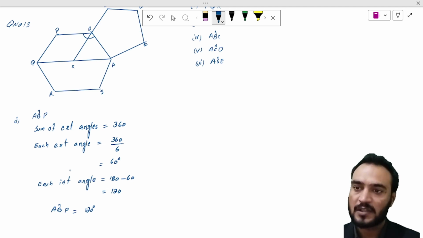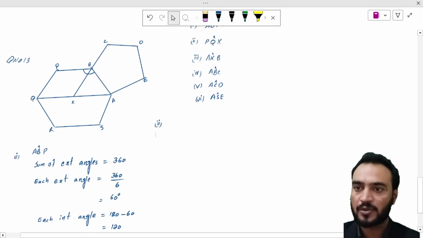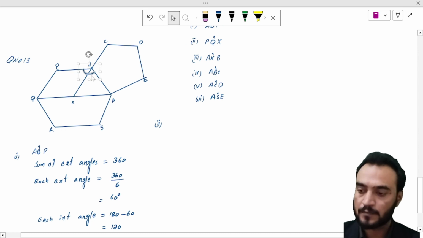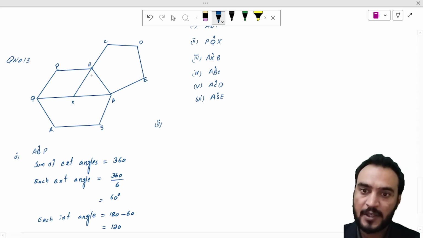Now let us solve part 2. Part 2 is angle PQX. This is the angle which is required now.